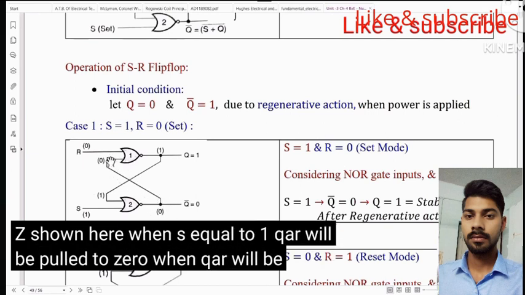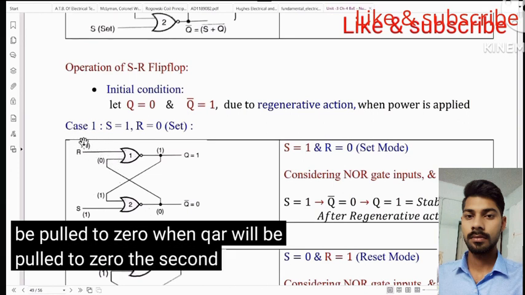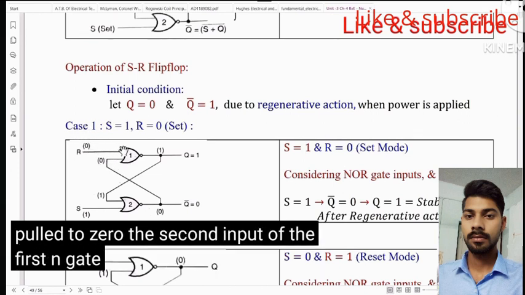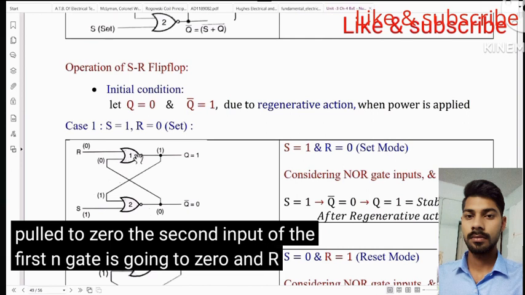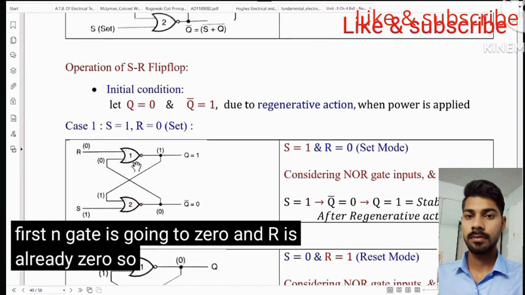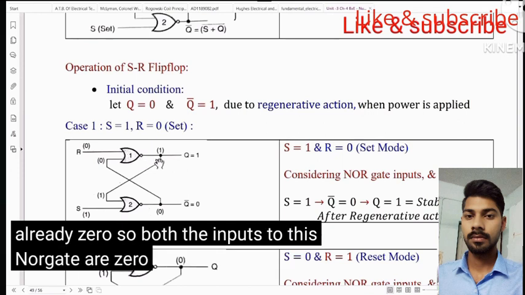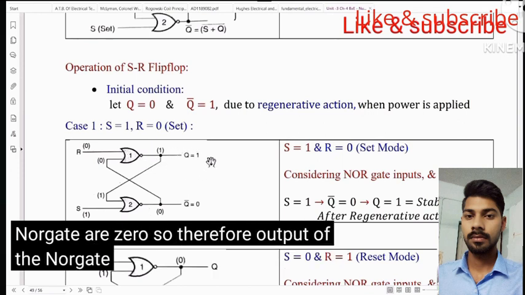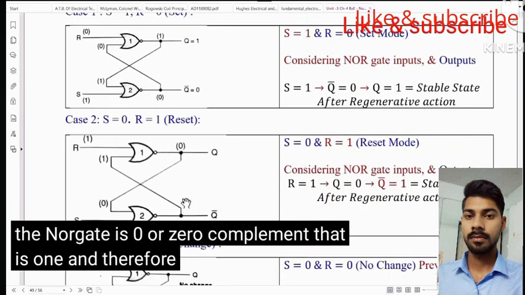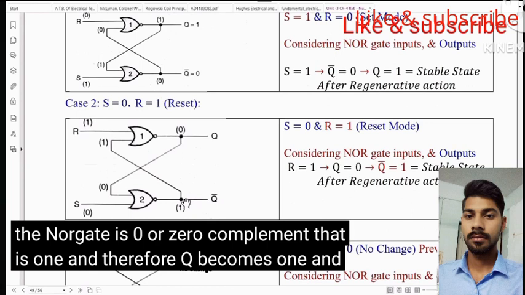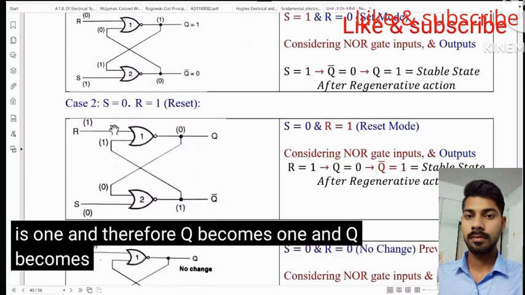When Q bar is pulled to 0, the second input of the first NOR gate goes to 0 and R is already 0. So both inputs to this NOR gate are 0. Therefore the output of the NOR gate is 0 OR 0 complement, that is 1, and therefore Q becomes 1 and Q bar becomes 0.